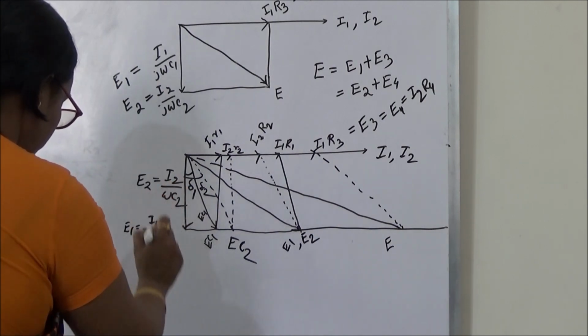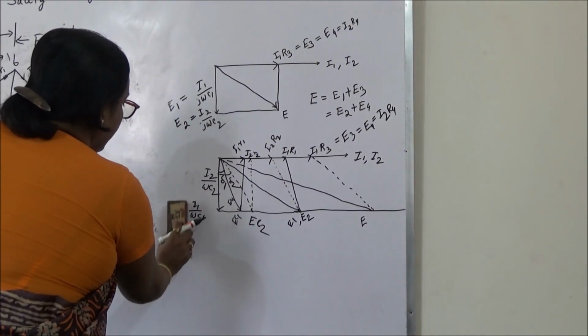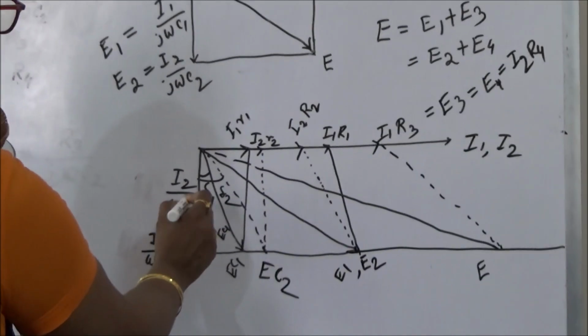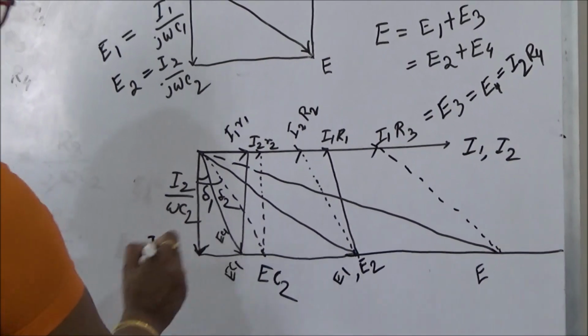And this I2 by omega C2 and I1 by omega C1, it is representing the same line.